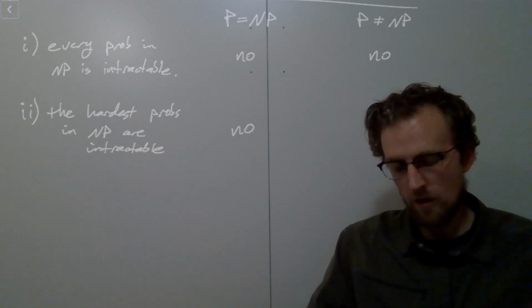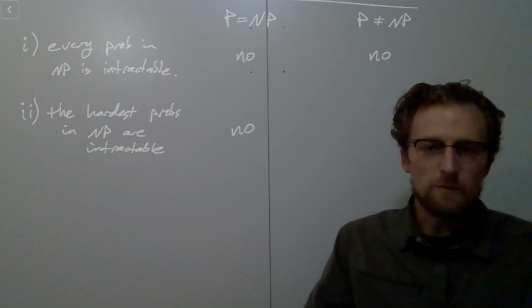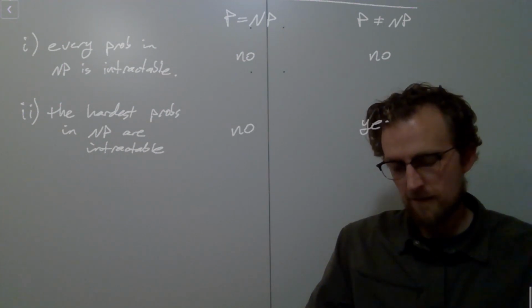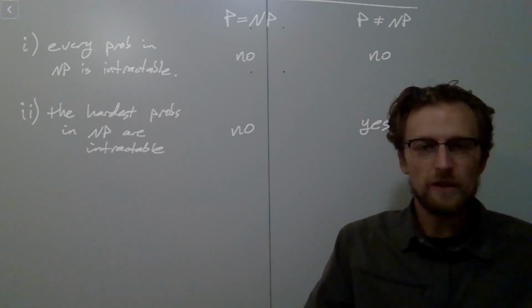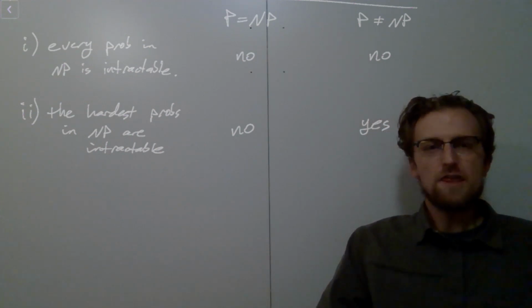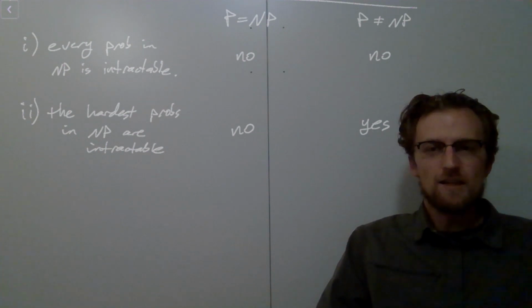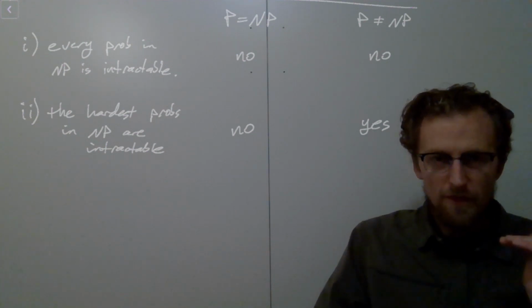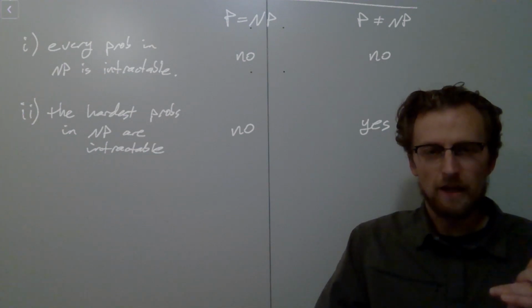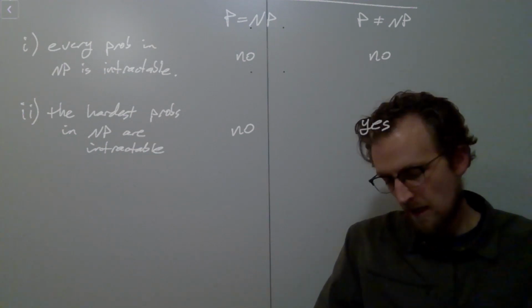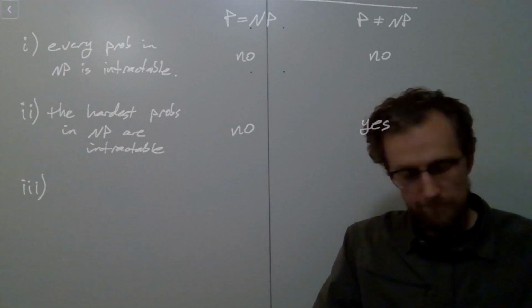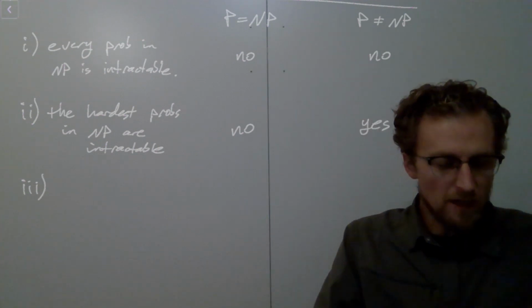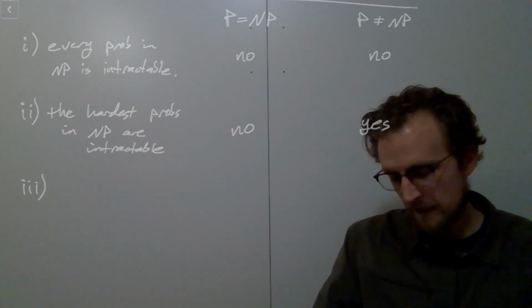If P does not equal NP, then the answer is yes, because P does not equal NP literally means that the hardest problems in NP are intractable. That is equivalent to saying P does not equal NP. Okay? So part 3 says there exists a problem that's in both P and NP.